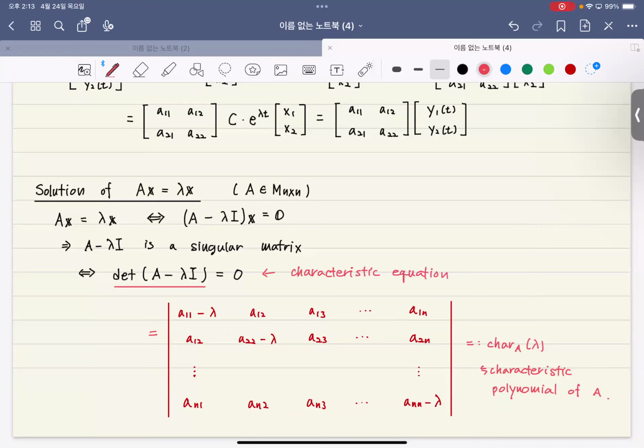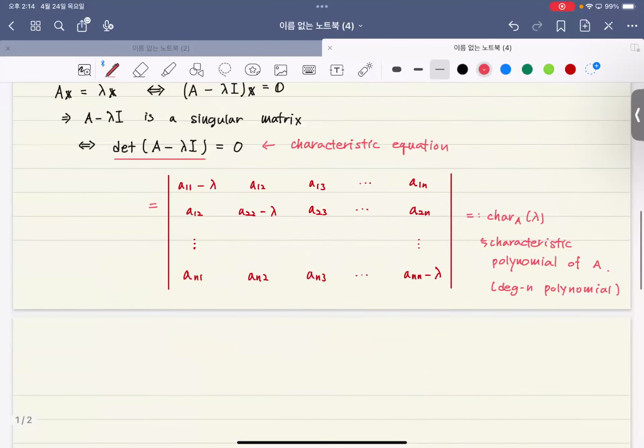The characteristic polynomial is a degree n polynomial. This characteristic polynomial plays a crucial role in finding the eigenvectors and eigenvalues.